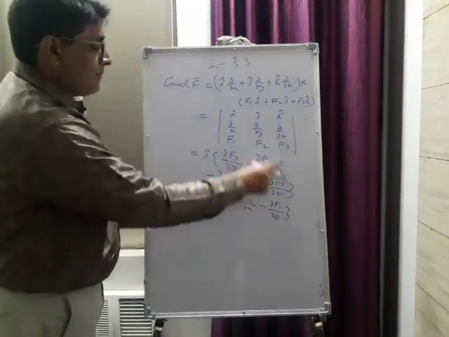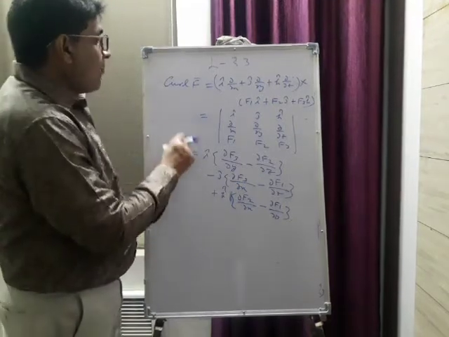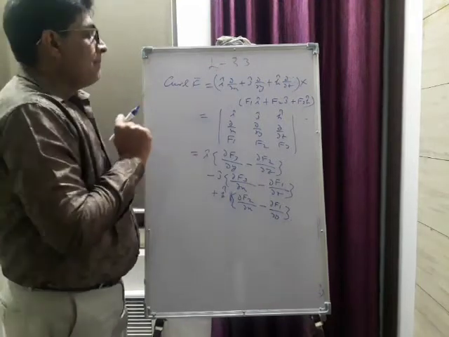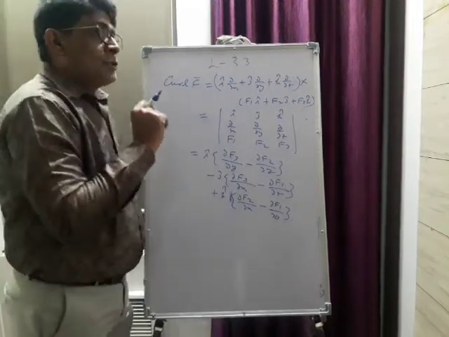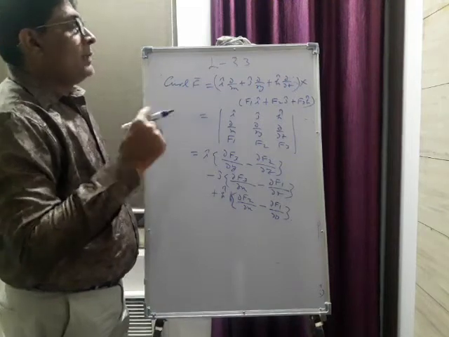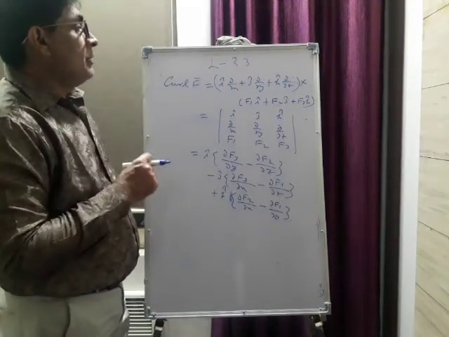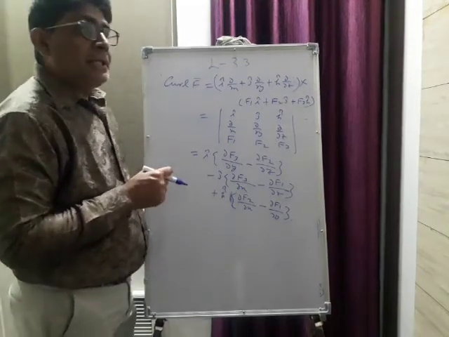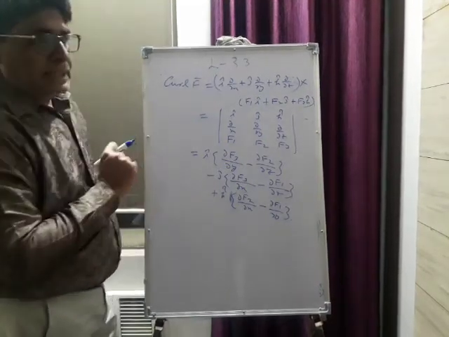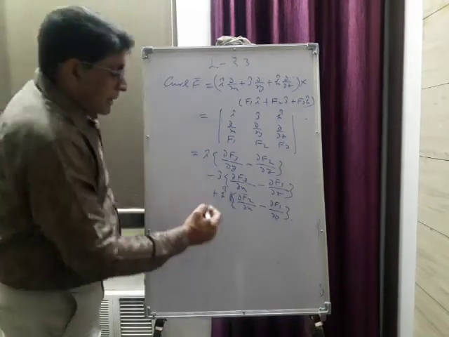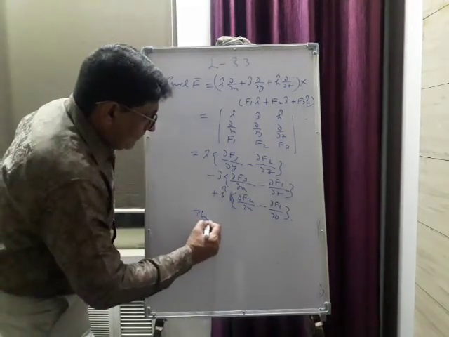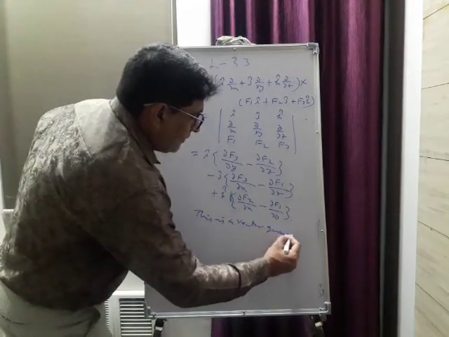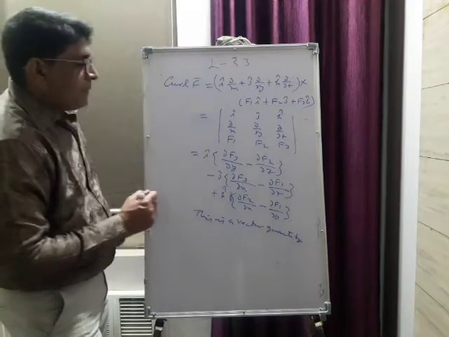So this is the value of curl f, where f is a vector whose f1 component is along i, f2 component along j unit vector, and f3 is along k. This is a vector quantity.